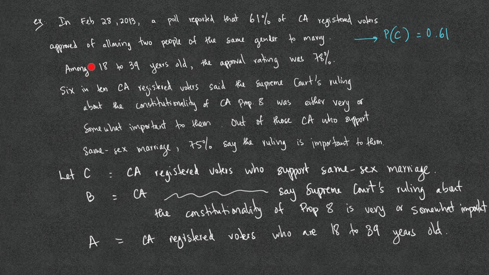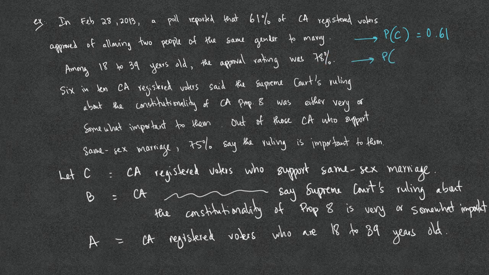Among 18 to 39 years old, meaning given that the group is from 18 to 39 years old, so given the event A, the approval rating is the same as saying that they support same-sex marriage.